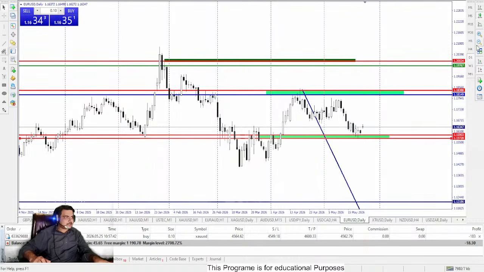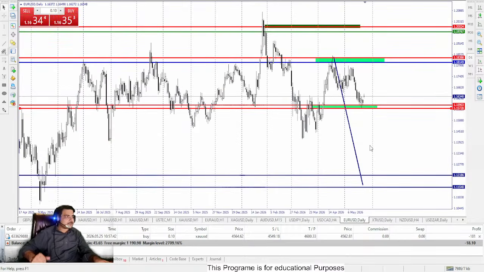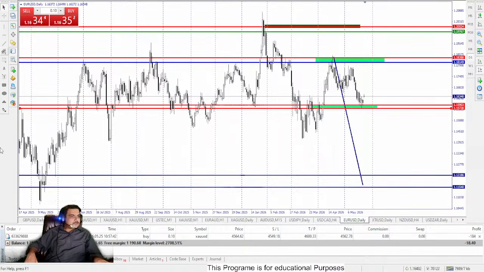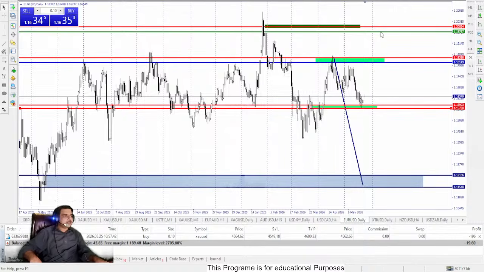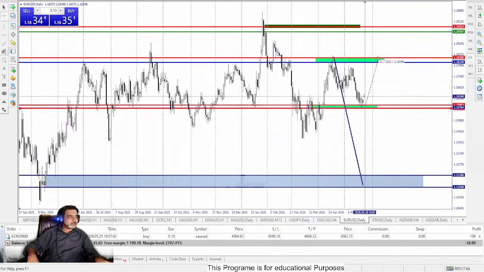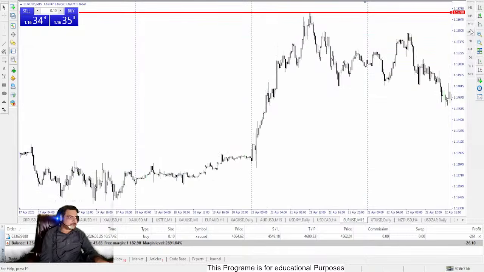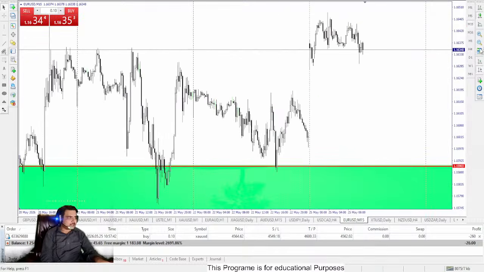Have a look at it. Now my friends, on one side of the EURUSD is this 1.11, 1.12. On the other side is 1.20 once again, and in between these zones is buying and selling. So I think EURUSD is again preparing for 1.18.